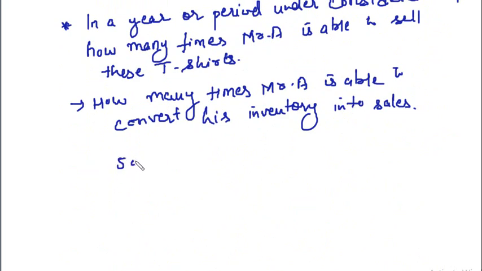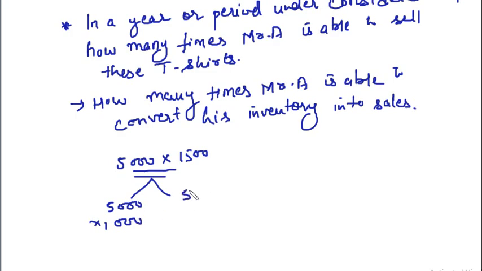Now, say Mr. A sold all the 5,000 t-shirts at the rate of rupees 1500. Mr. A in a year bought 5,000 t-shirts from X. He sold all the 5,000 t-shirts in a year at the rate of 1500. Now in this there are two elements. The first is the cost part at the rate of 1000. The second is the profit part.